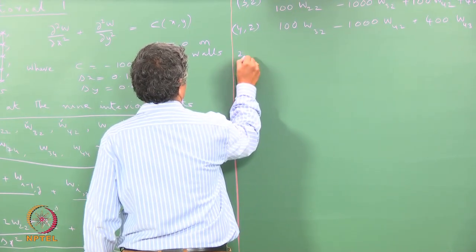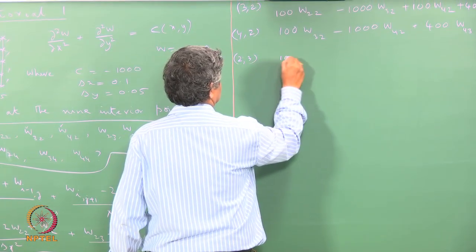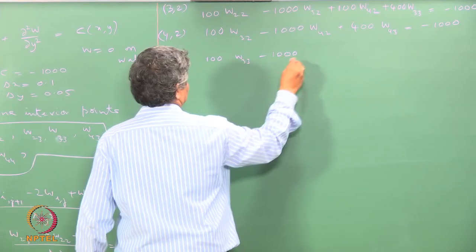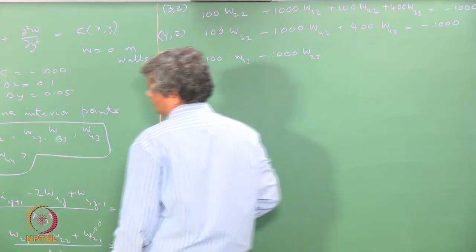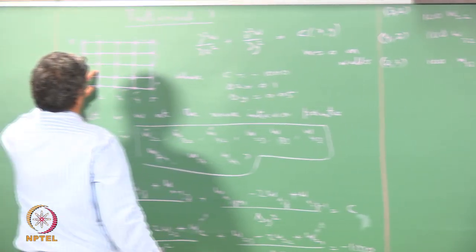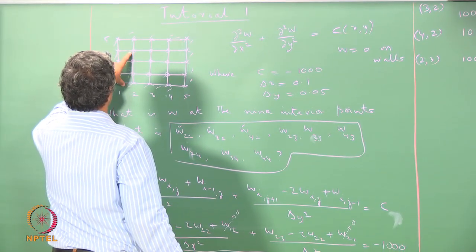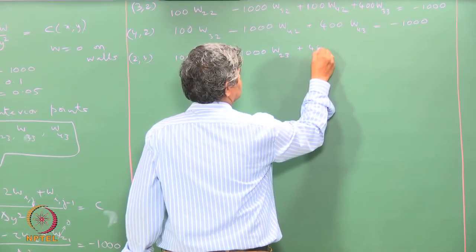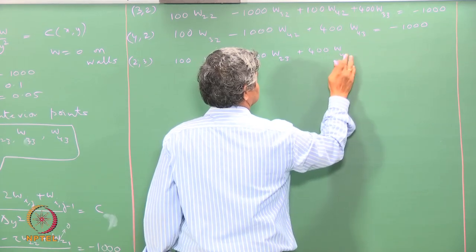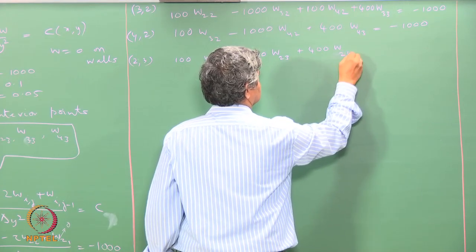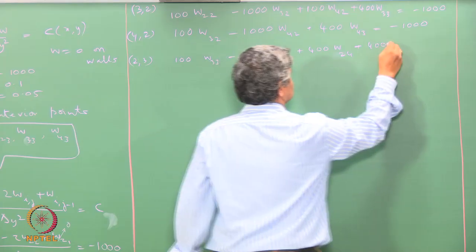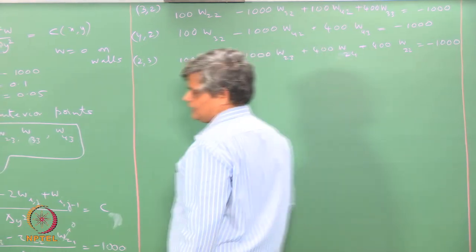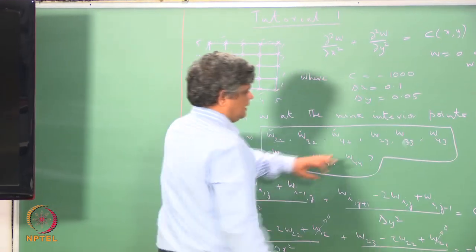So this is minus 1000 of W23 plus 400 of 24 plus 400 of 22, equal to minus 1000.